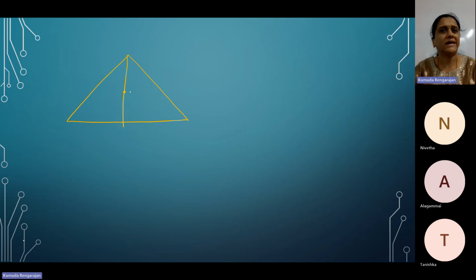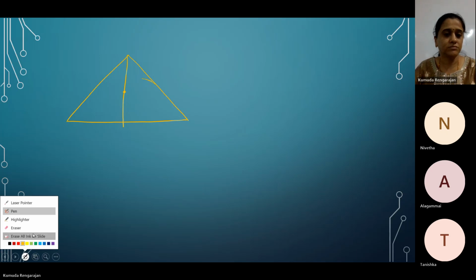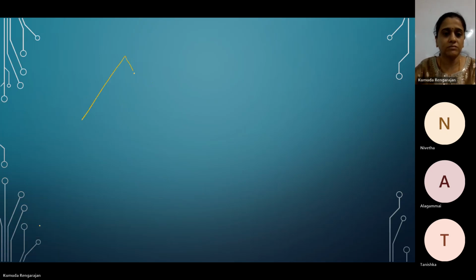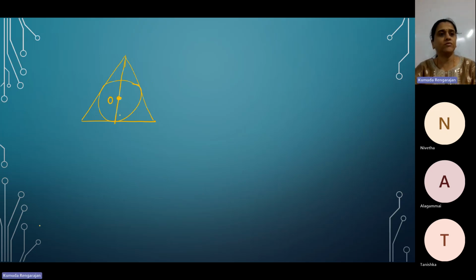What was given? The area of the inscribed circle, right? What's the area of the inscribed circle? 154. So pi r square is equal to 154. So what's the value of r? R is equal to 7 centimeter or meter, whatever unit you need.